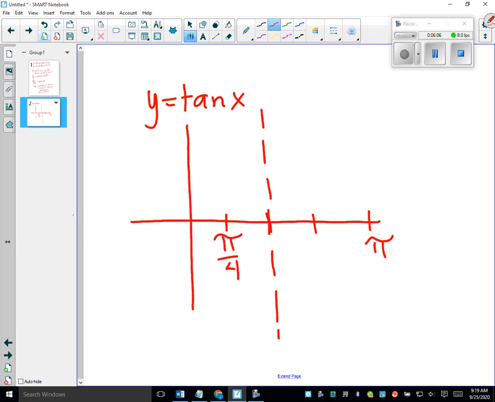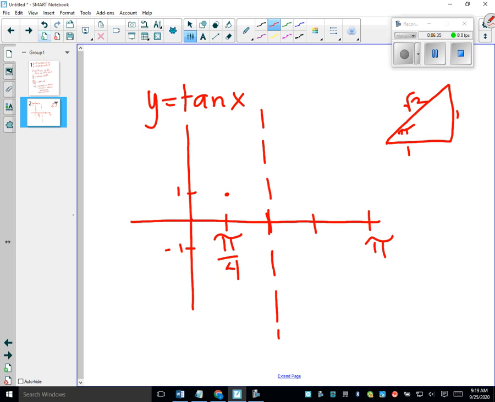What is the tangent of pi over 4? Remember when we did our 45, 45 triangles? This was pi over 4, this was 1, 1, radical 2. So the tangent of pi over 4 is 1, which shows up on our graph.